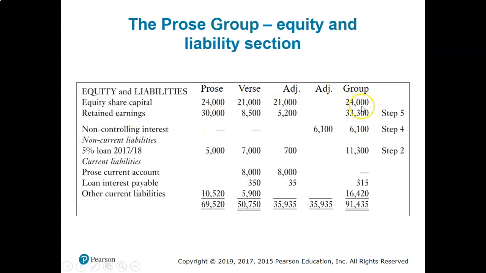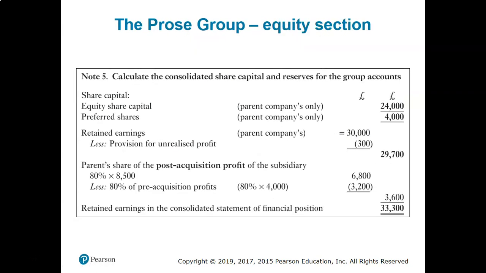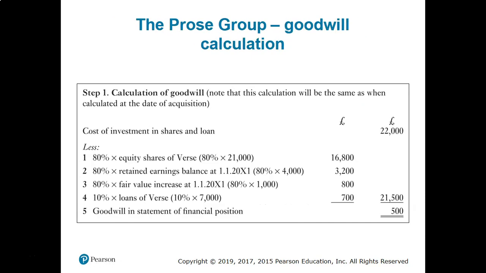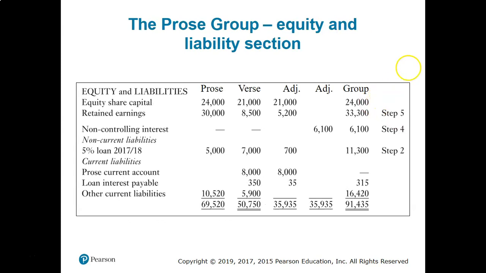And this is the capital that we calculated here: 24,000 is the capital of the parent, and shares 4,000. This one is the retained earnings.